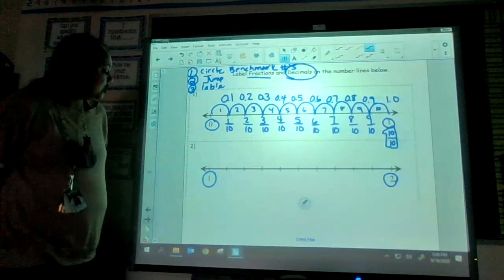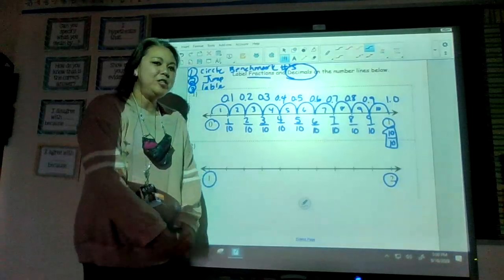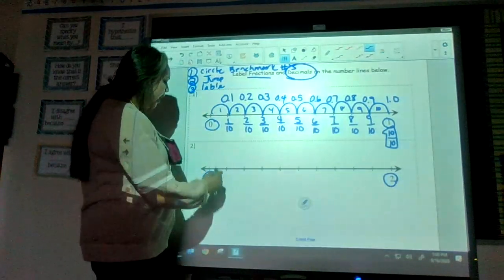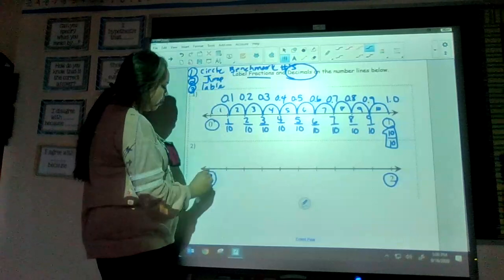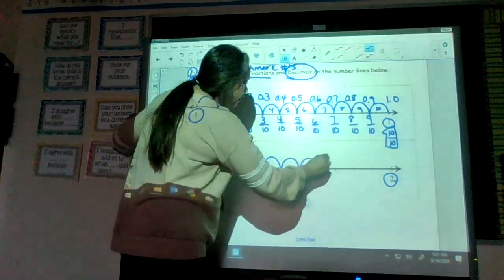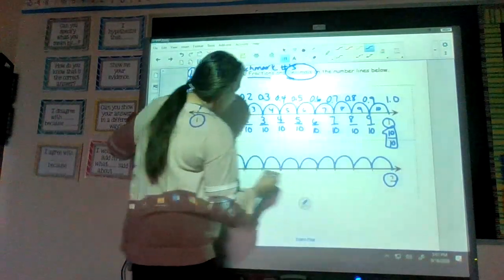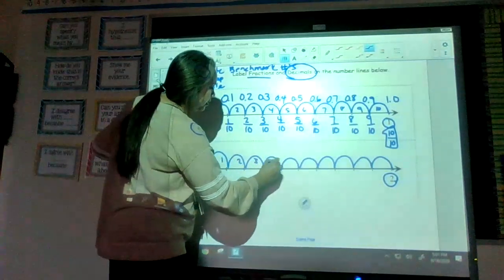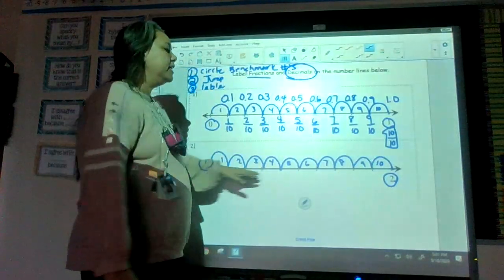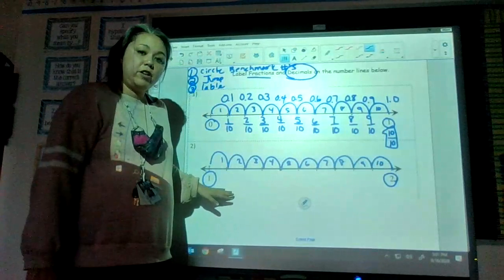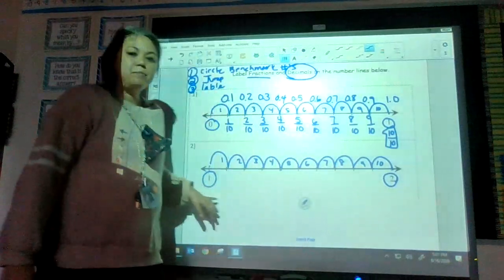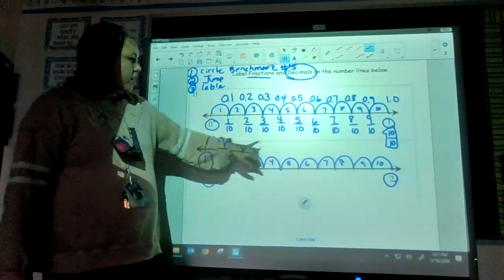Okay, on number 2, welcome back. On number 2, we are between 1 and 2 on the number line. And so we circled our benchmark numbers. Now we're going to, you got it, jump. Count your hops. And that's going to tell me my denominator here, because what I'm dealing with is I'm between 1 but not quite 2.